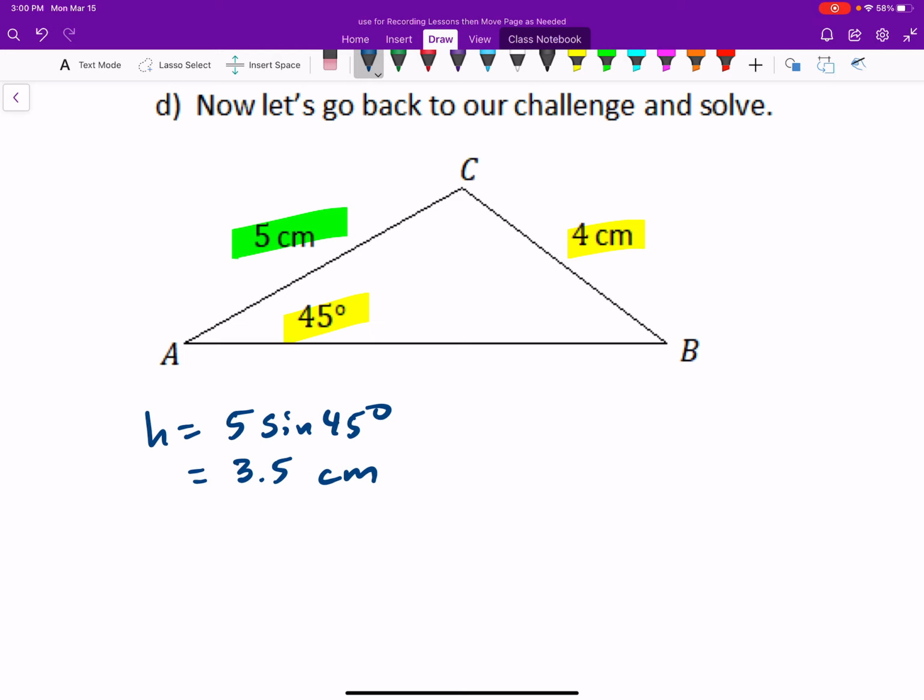So, in this case, little a is greater than the height. 4 is greater than 3.5, but little a is less than b, the 5 centimeters. So, this is the case where there will be two triangles.